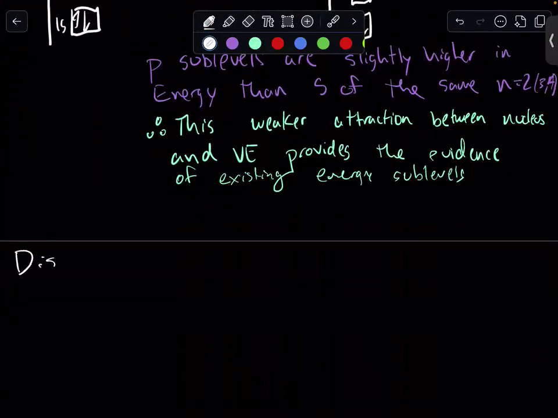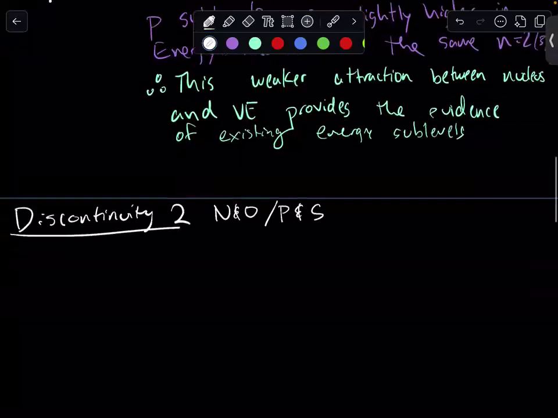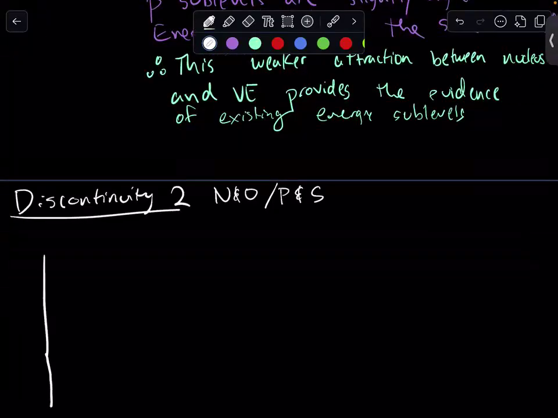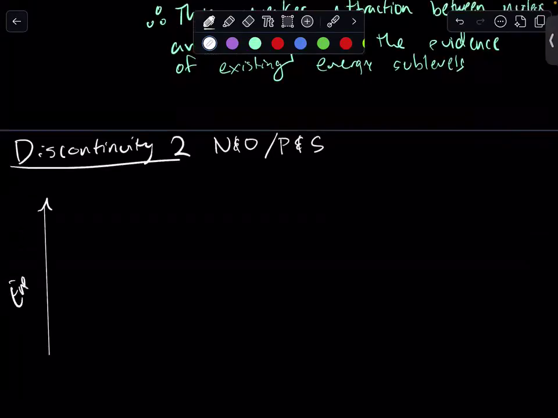Our second discontinuity, discontinuity 2, is between nitrogen and oxygen, as well as phosphorus and sulfur. So for discontinuity 2, we may remember, and I think I'll be a little neater here, energy, and we have our first box, our second box, and our third box.